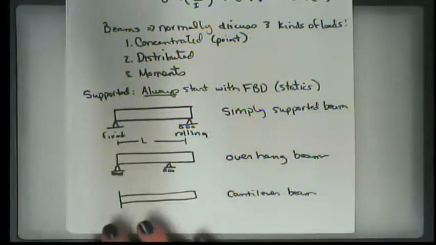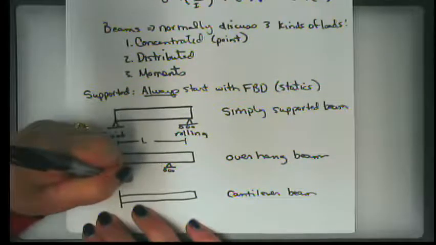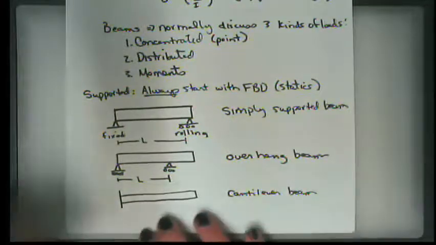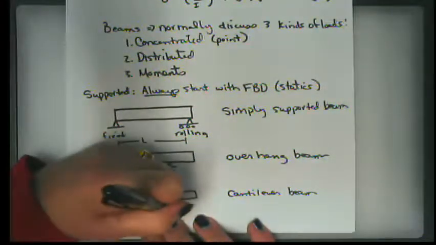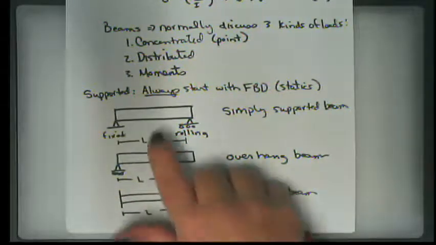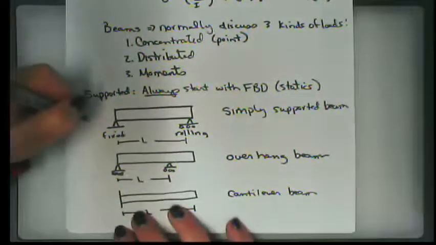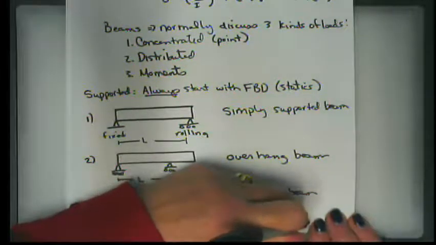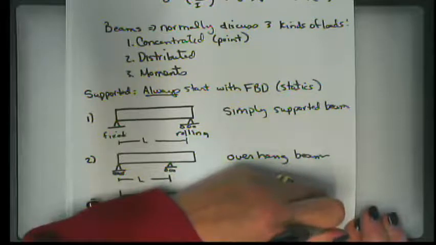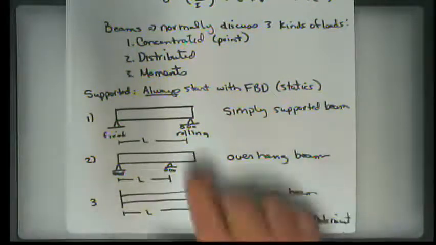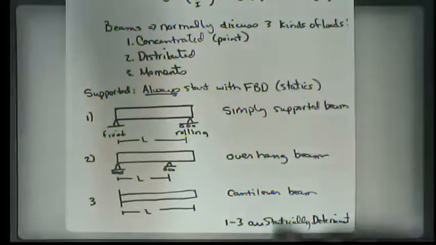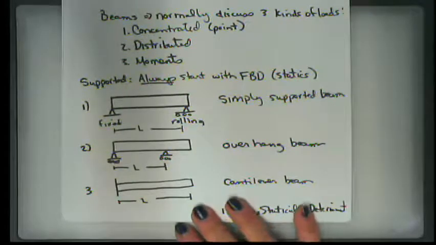But if we consider the distance between the fixed support and the rolling support, whether it is a simply supported beam or an overhang beam, and the entire length of the beam as L in a cantilevered beam, all three of these types are statically determinate, meaning we can do an analysis of what's going on at the reactions in terms of what the load is borne at the reaction places using methods of statics.